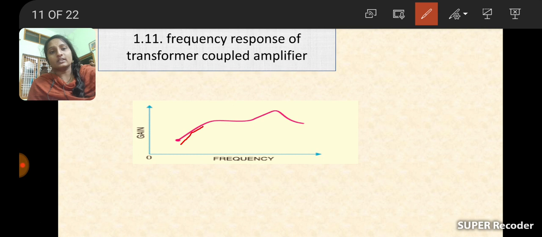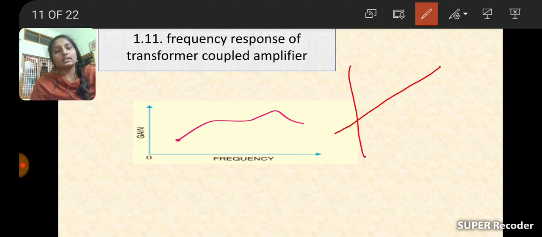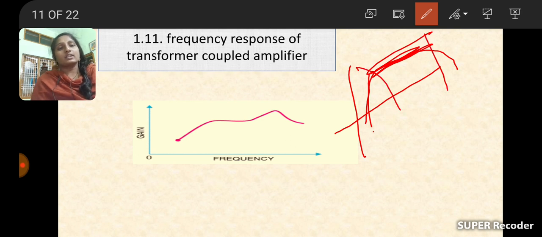Initially it is increased and somewhat constant, again it is increased and decreased. So like this, the curve is not constant at all times, so the frequency response becomes very poor compared to the RC coupled. In RC coupled the curve is like this, initially it is increased, but after increment it is constant over the range of frequencies, afterwards it is decreased.